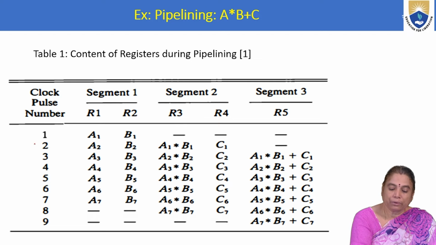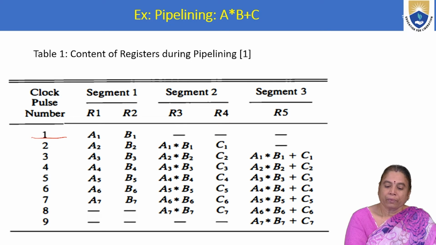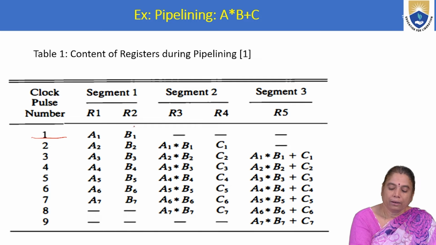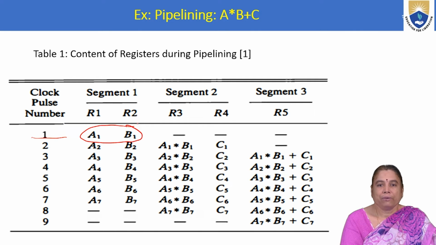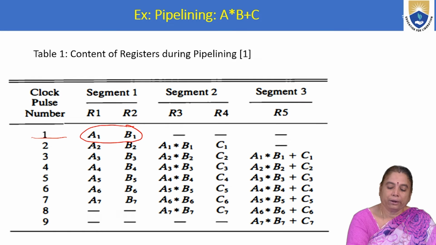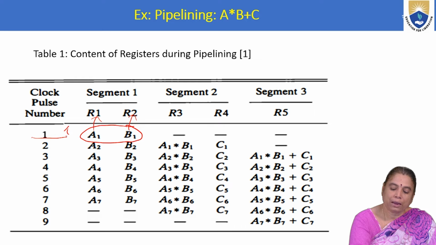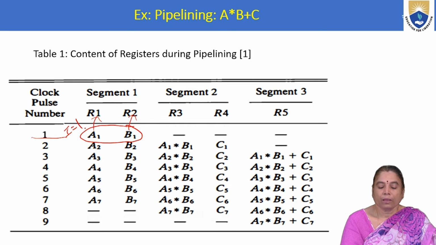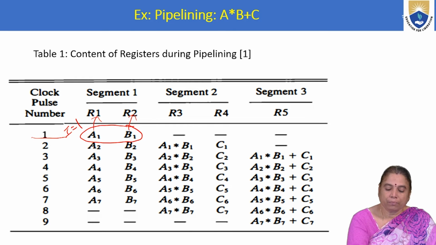So here during the first clock pulse, in segment 1, the first values A1, B1 can be loaded to the registers R1 and R2. This is the I value 1. And during the second clock pulse, the I value 1 values can be moved to segment 2.